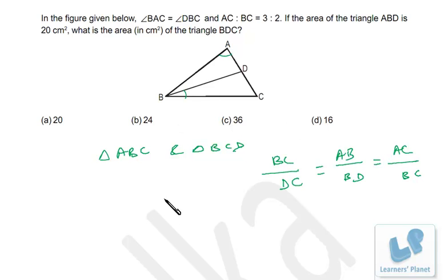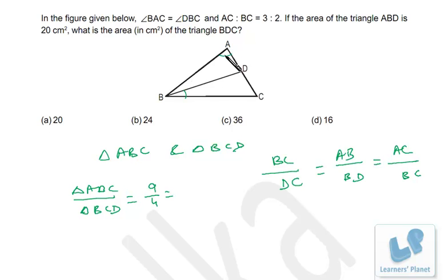Now friends, we know that the areas of similar triangles are in proportion to the square of the ratio of their respective sides, right? So area of triangle ABC and triangle BCD is equal to square of AC by BC, that is 9 by 4, right?